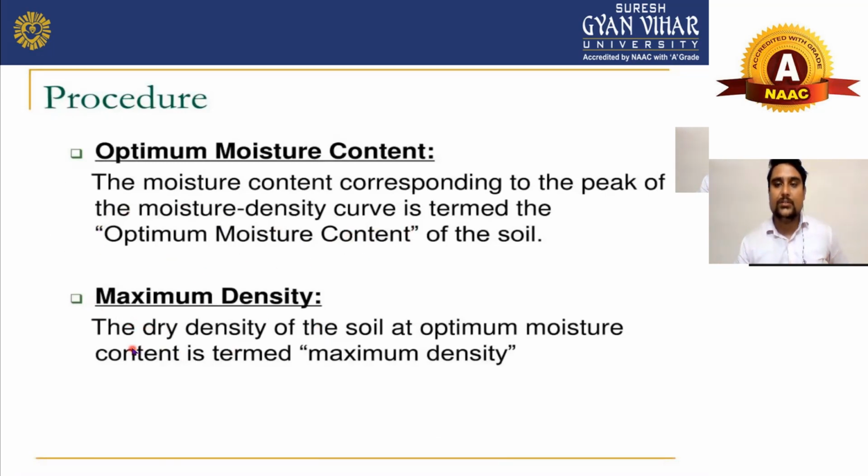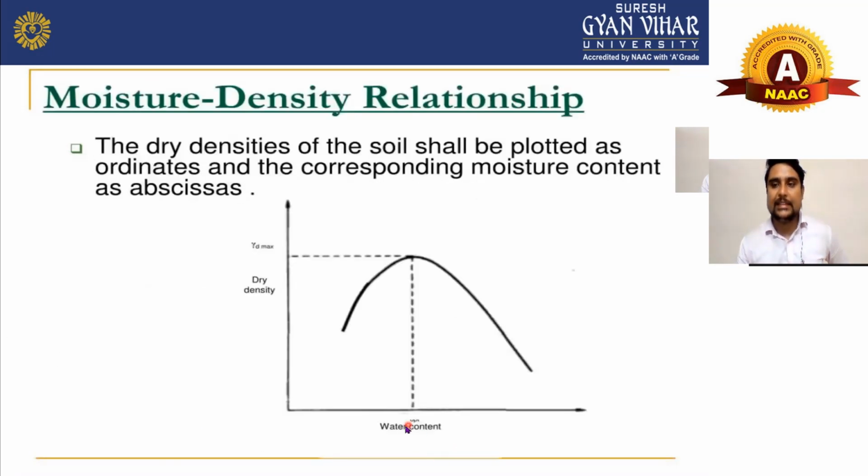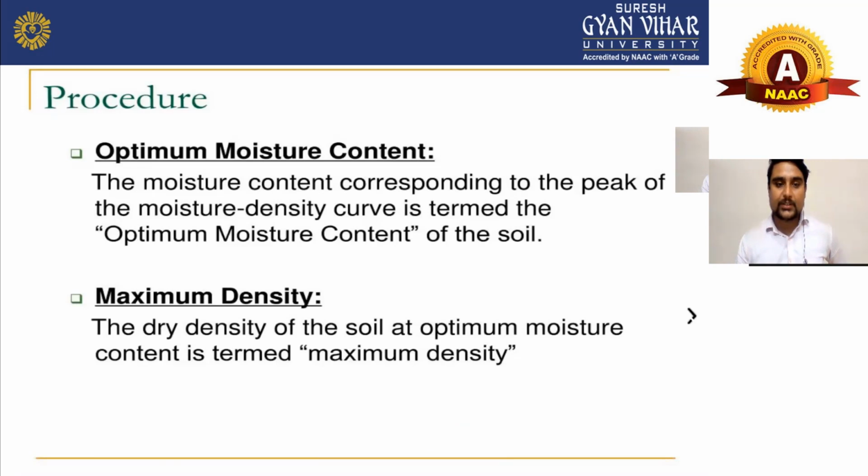And maximum dry density: the dry density of the soil at optimum moisture content is termed the maximum dry density, which we sometimes call MDD. And we also call it OWC, optimum water content, or optimum moisture content.